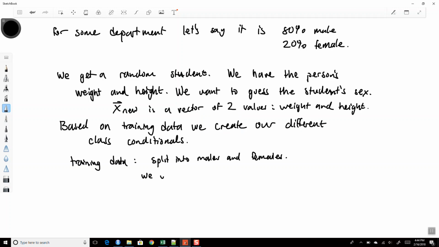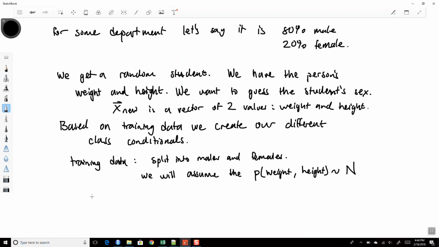So we will assume the joint distribution, the probability distribution for weight and height, comes from basically a normal distribution. And so your maximum likelihood estimates will be the mean weight and the mean height, and then the variance-covariance matrix of your data, right?